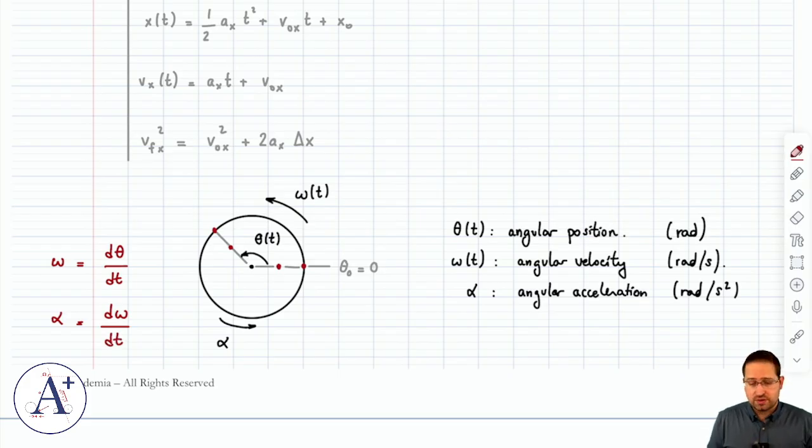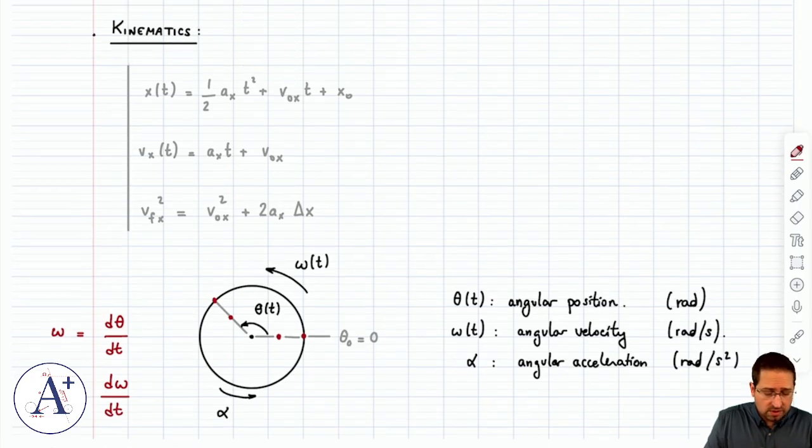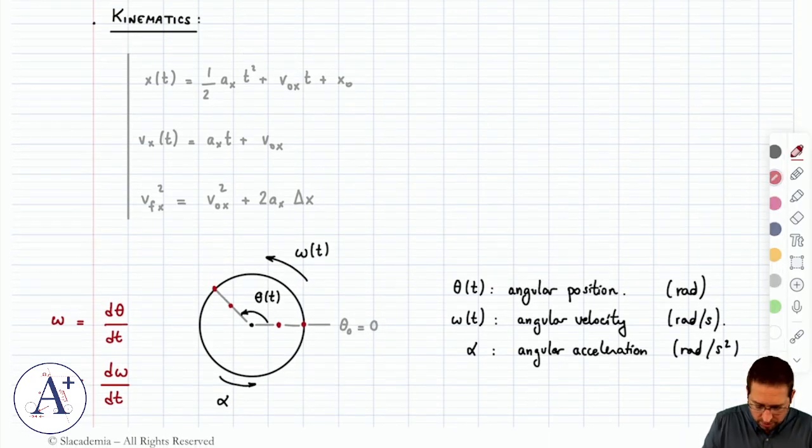My point here is that the relationships between theta and omega, and then omega and alpha, are the same as between x and v sub x, and then v sub x and a sub x. We assume that the angular acceleration is constant, just like we did for the linear acceleration a sub x. And so it stands to reason that we would get equations that look very similar to these equations that I put here just as a reminder.